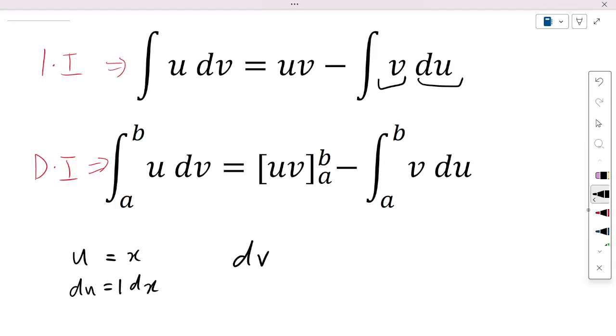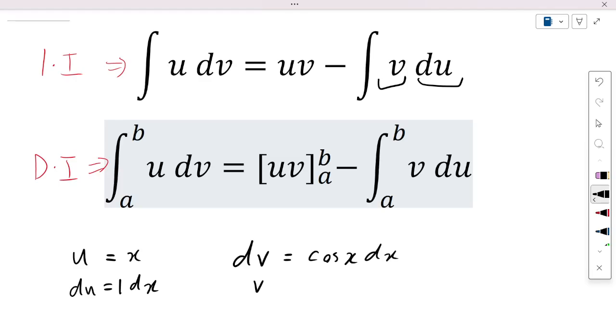And when it comes to dv, in order to go back from dv to v, first of all, we need to find the integral of whatever it is. Let's say for example we let dv equal cosine x, with respect to x, because obviously we do have dv on the other side.